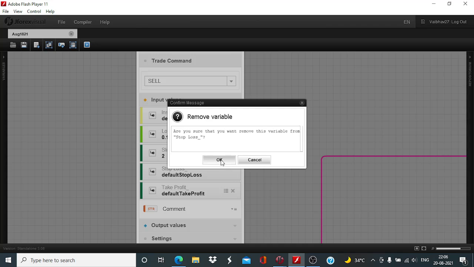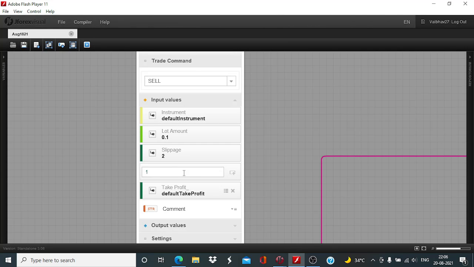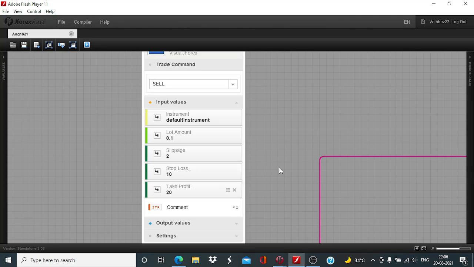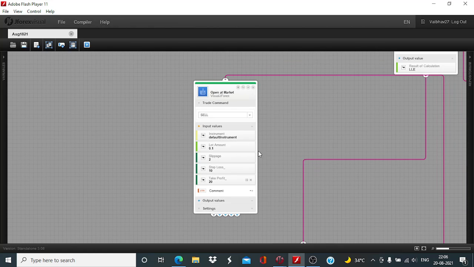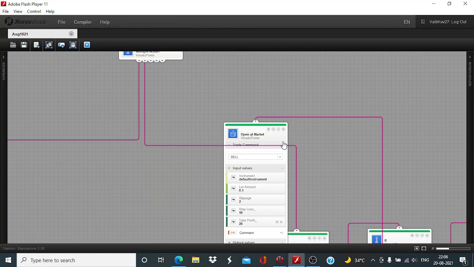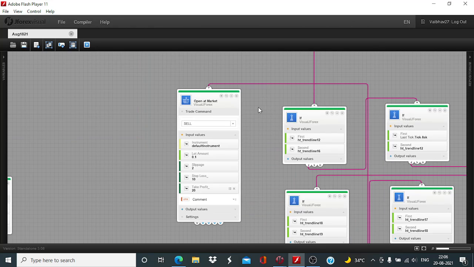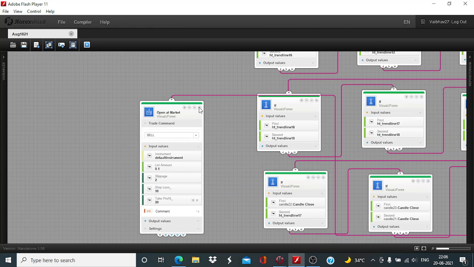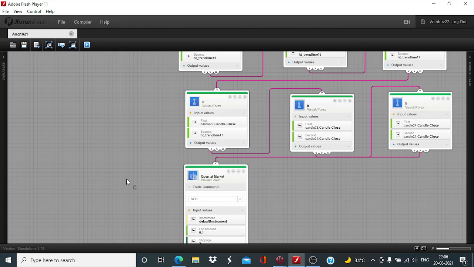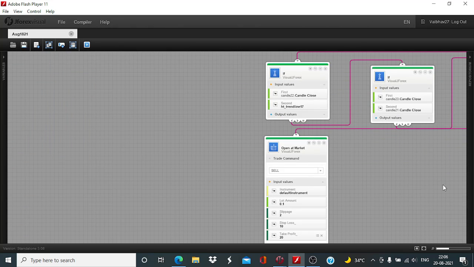Stop loss, we are working with a combination of 10 pips and 20 pips. So with this we have defined the input parameters for the trade command block, and with this, our algorithmic setup is also complete.